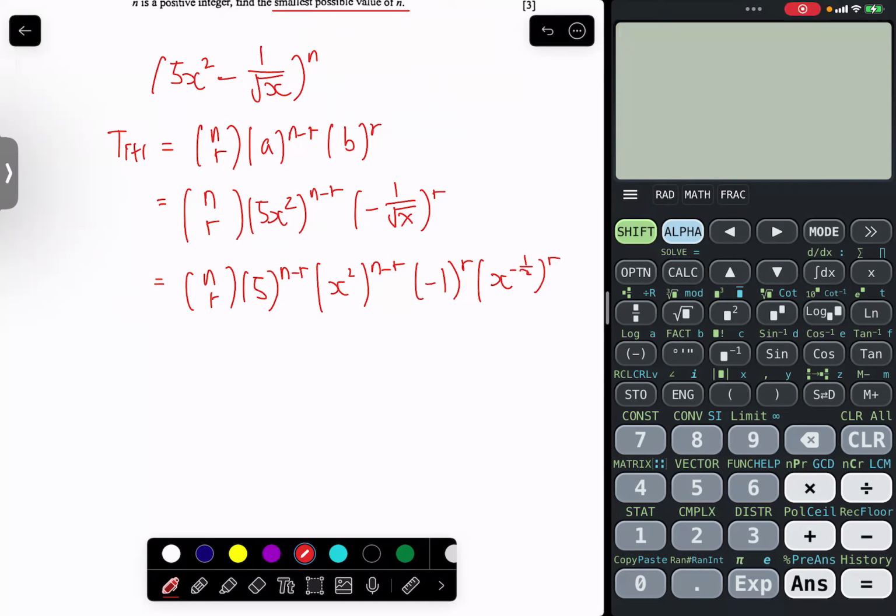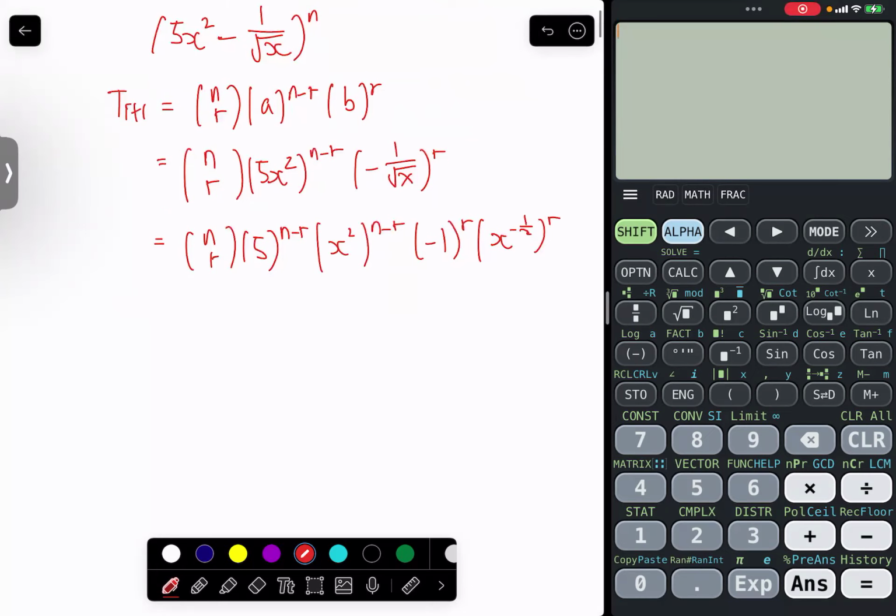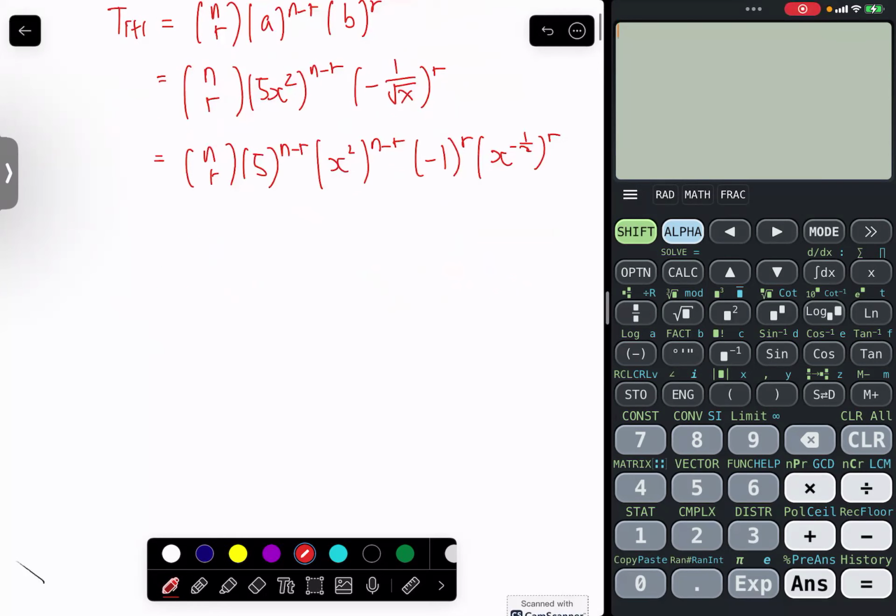Splitting them up into x terms and coefficients is very useful, and you are using indices properties to split them up. Now we have the powers of x: x to the power of 2n minus 2r multiplied by x to the power of negative half r, which combines into x to the power of 2n minus 2.5r.